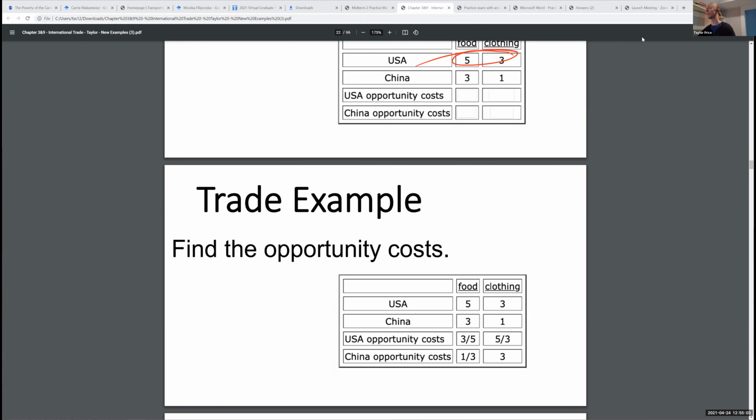On a lot of the exam questions, they won't necessarily say opportunity cost. What they'll say is which country has the comparative advantage.